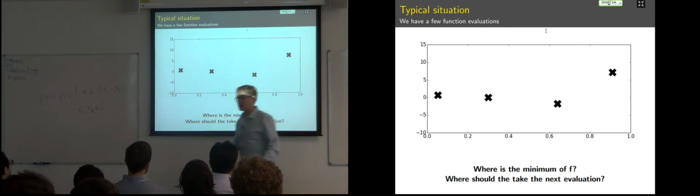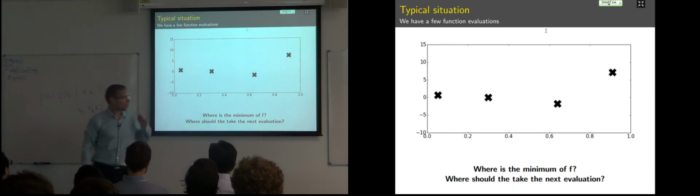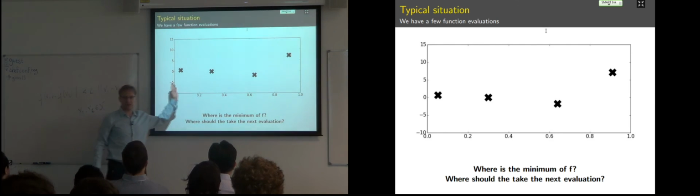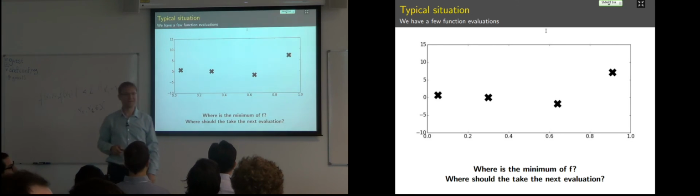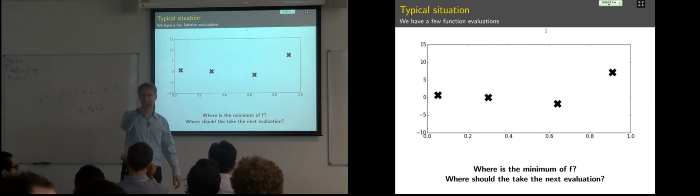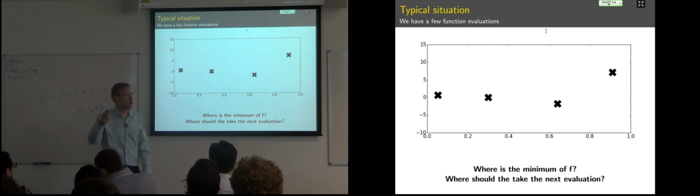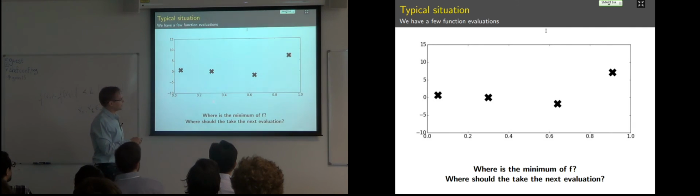So if I now ask you, where do you think the minimum of this function is? How many people in the room think that the minimum of the function is exactly in this location? How many of you? 1, 2, 3, 4? Okay. How many of you think that the minimum of the function is in this region here?